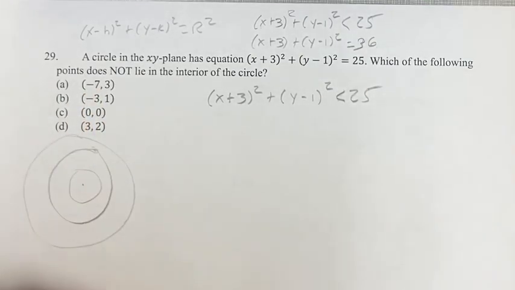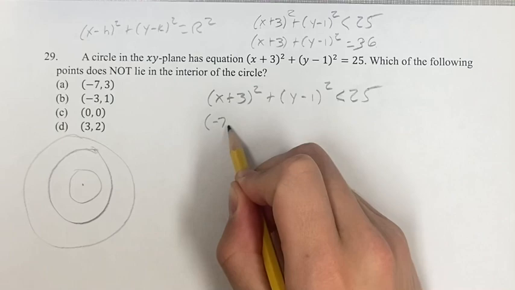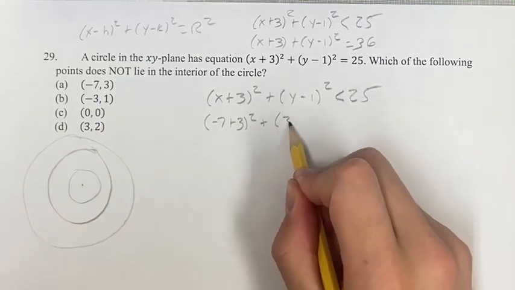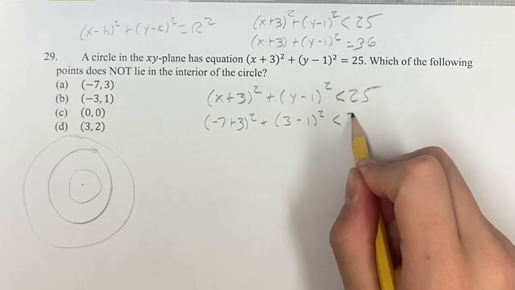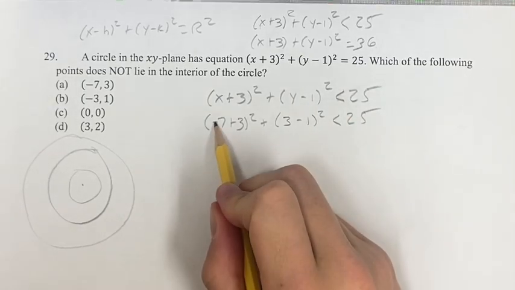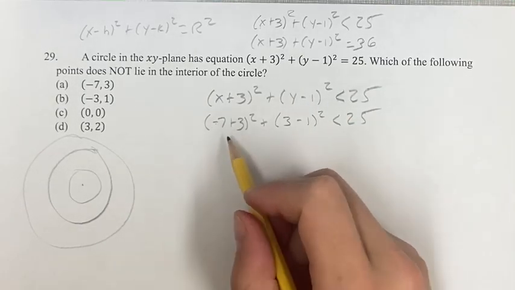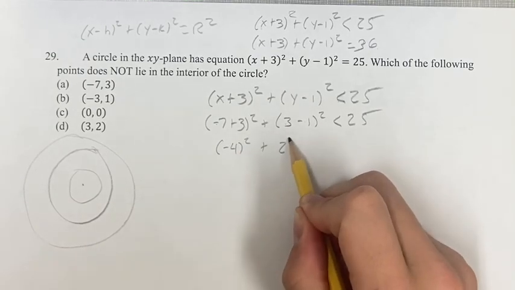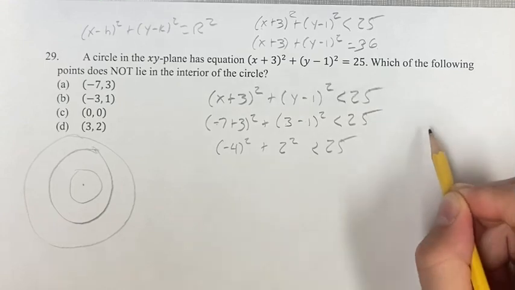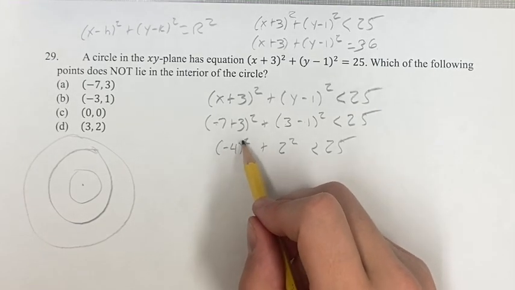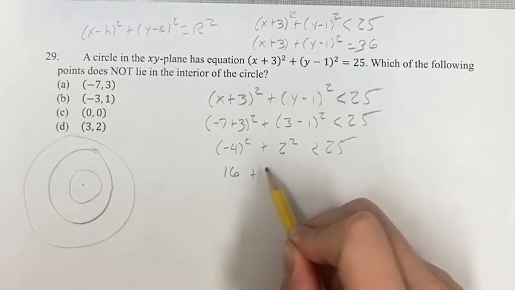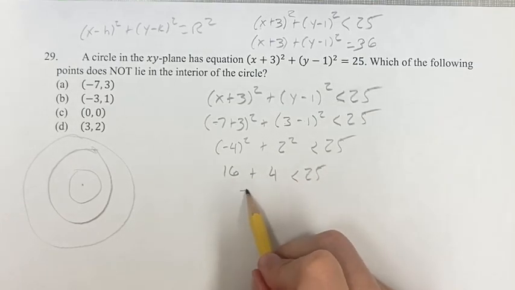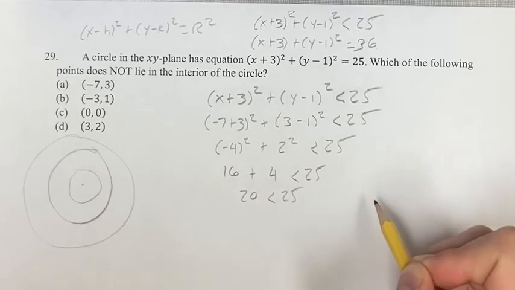For the first point, x is −7, so this is (−7 + 3)², plus y is 3, so (3 − 1)², is less than 25. −7 plus 3 is −4, squared is 16, plus 3 minus 1 is 2, squared is 4. 16 plus 4 is 20, which is less than 25.